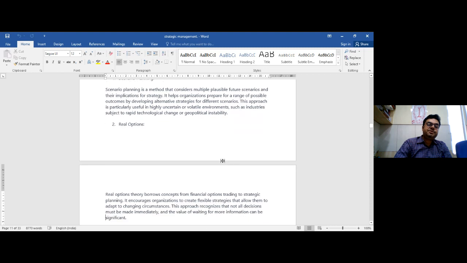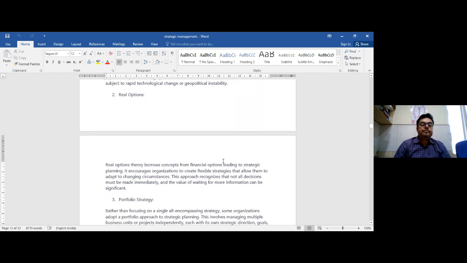There are real options. The real option theory borrows concepts from financial options trading to strategic planning.